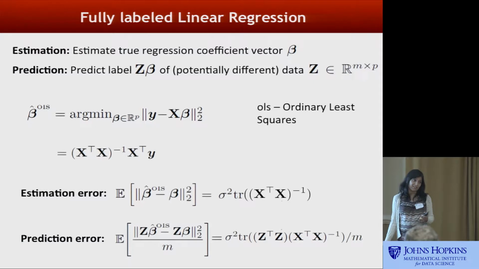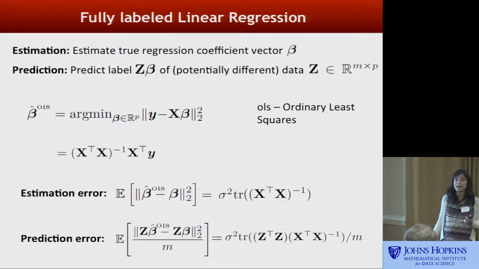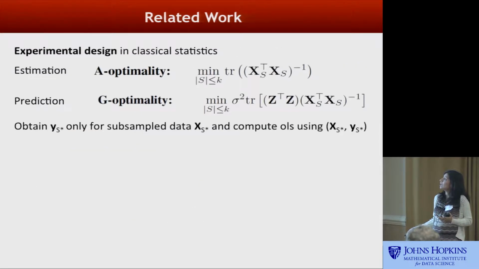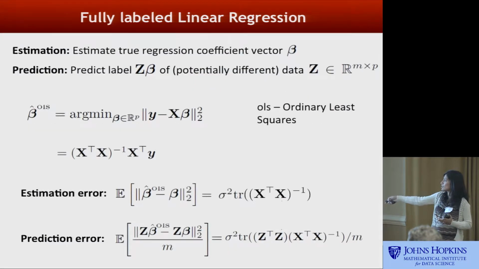So of course, this is a very classical problem, and in statistics and experimental design, people have been looking at it for a long time. What if I don't have all the y's? This is the solution when I have all the y's. If I can only measure k of those, here's a solution that comes up in experimental design and classical statistics: I just look at this objective, which is the estimation or prediction error of my OLS estimator, and I compute it over a subset.